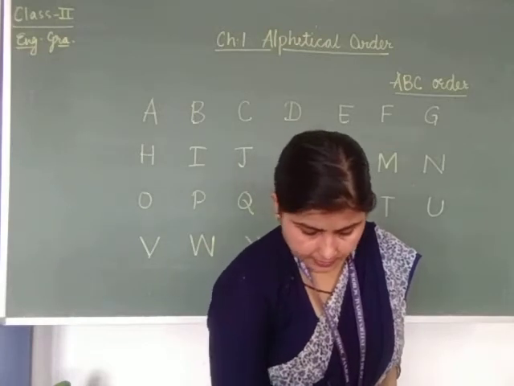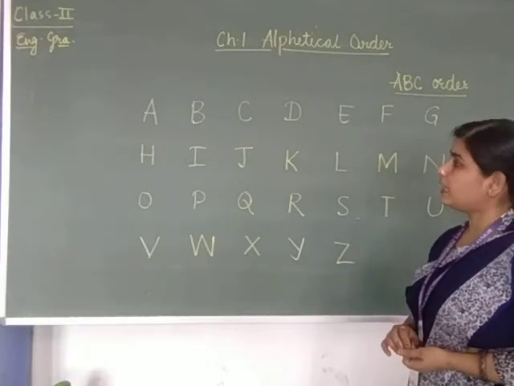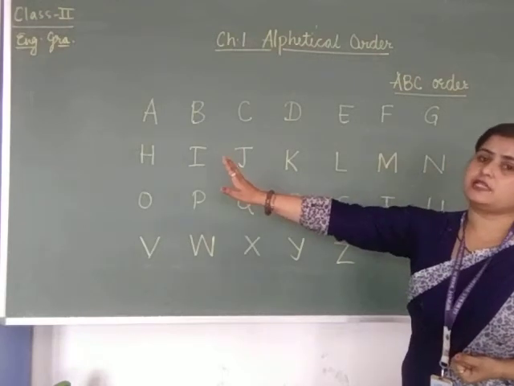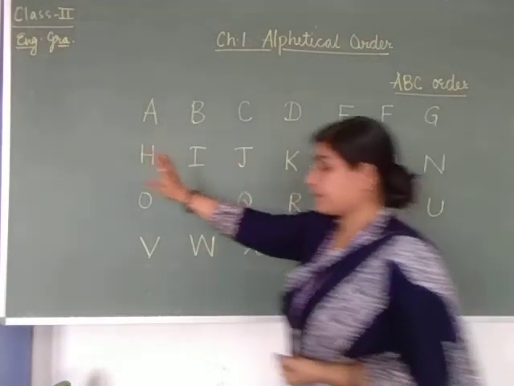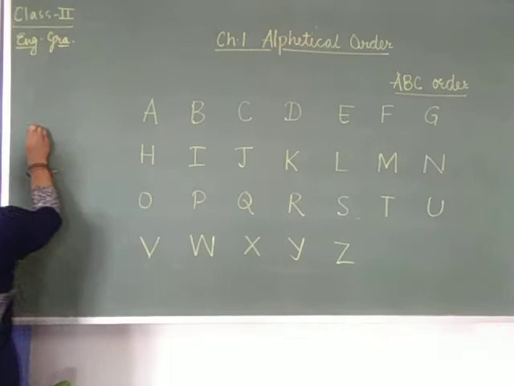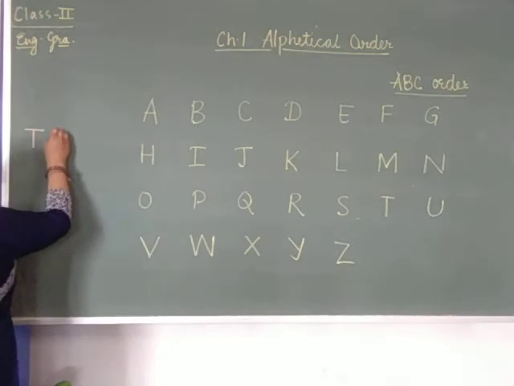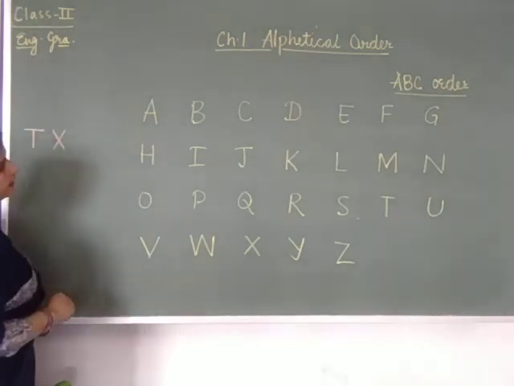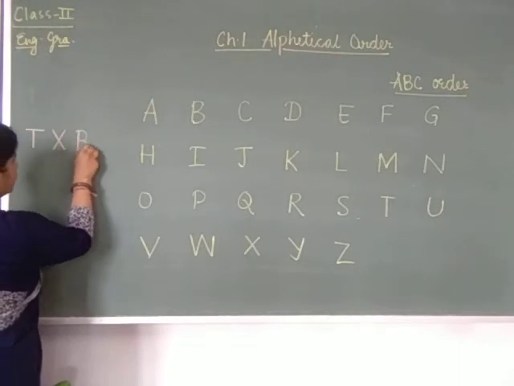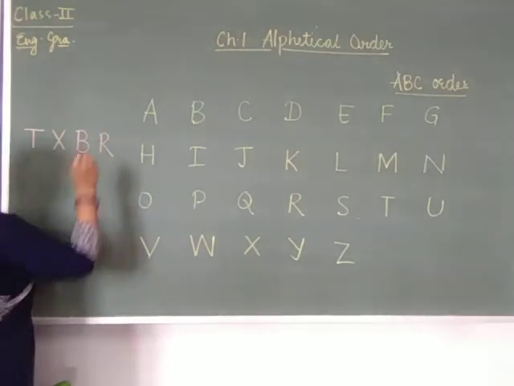Okay. Now let me give you an example. Suppose we have got some letters from here. Here I am writing some letters: first I have written T, then I have written X, then I have written B, and then I have written R. Okay.